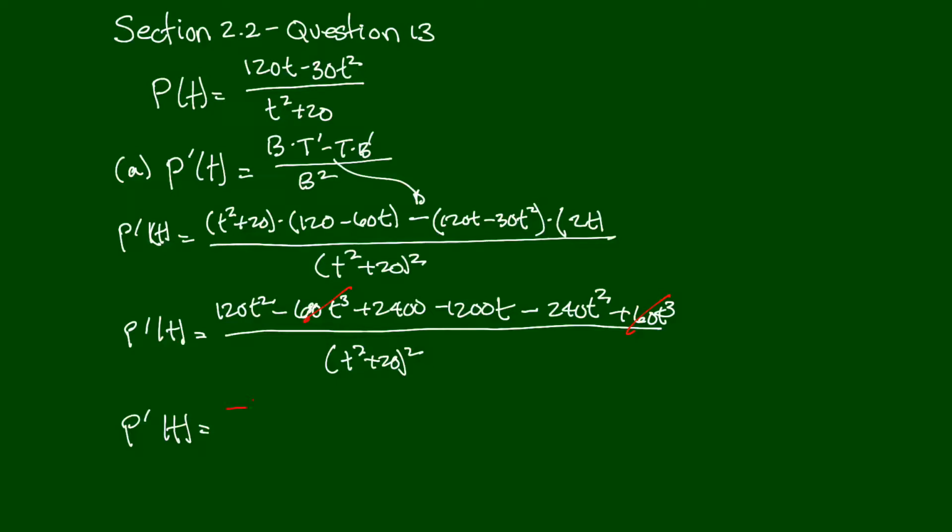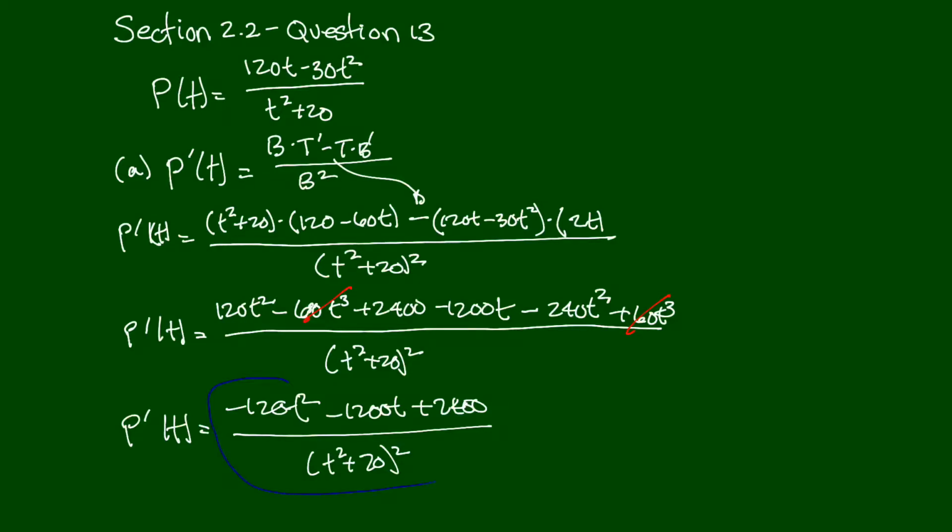And then we've got minus 1200t, and then plus 2400, all over t squared plus 20 squared. Okay, so I think we've actually got the answer here.